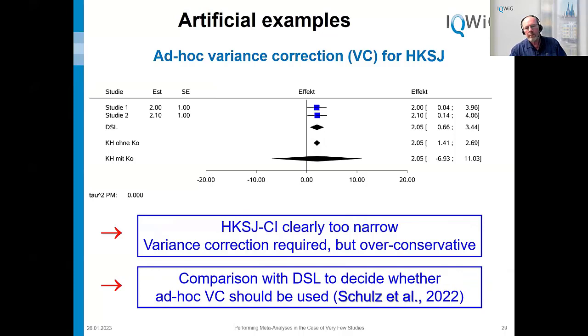And this is our proposal published in the article by Schulz and colleagues. And this proposal is based on further suggestions by Guido Schwarzer, Gerta Rücker, and Dan Jackson, that for the decision whether we use the ad hoc variance correction or not, we compare the Hartung-Knapp-Sidik-Jonkman method with that of DerSimonian and Laird.